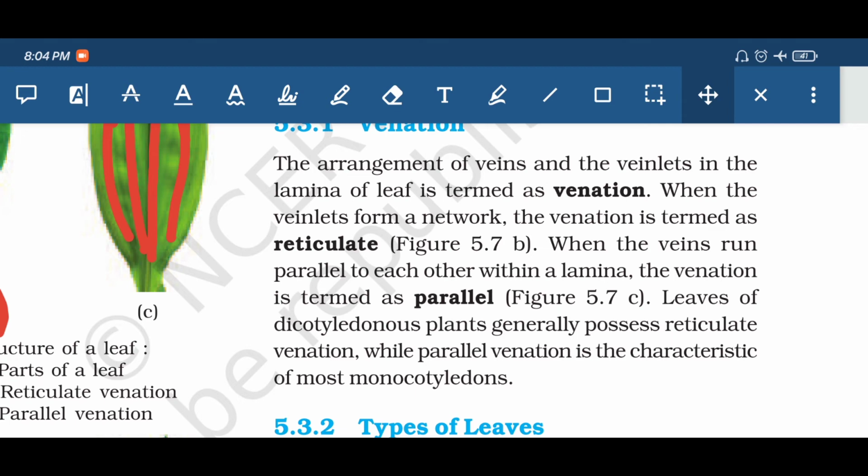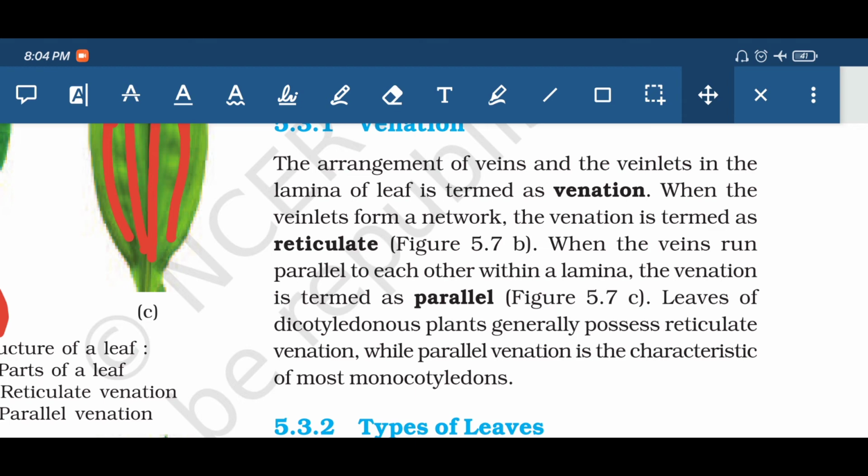If the veinlets are arranged in the form of a network, then it is called reticulate venation. But when the veinlets run parallelly from the base to the tip, then it is called parallel venation.